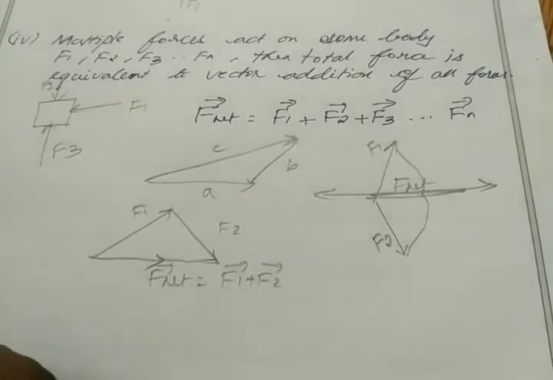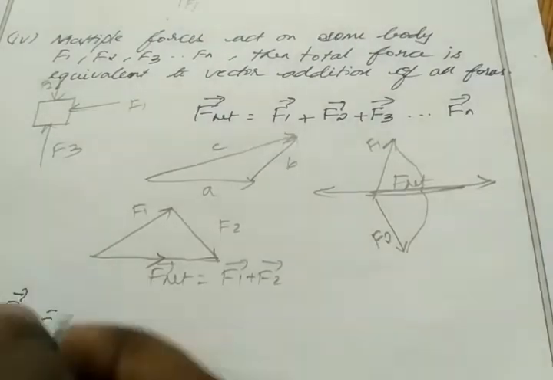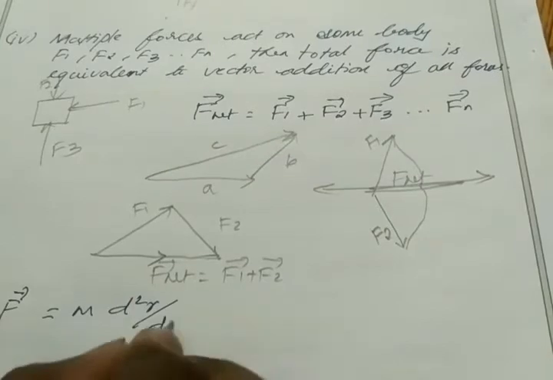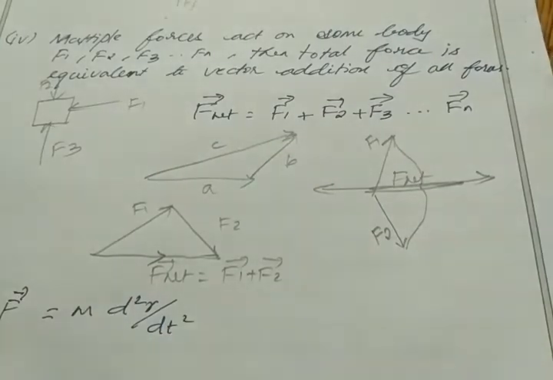The next property: we can write Newton's second law in this way, F equal to m d square r by dt square.